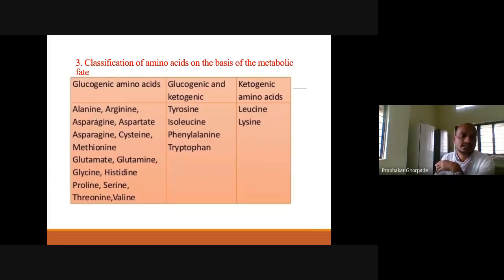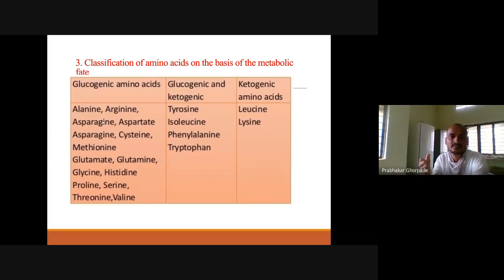So alanine, arginine, asparagine, aspartate, cysteine, methionine, glutamate, glutamine, glycine, histidine, proline, serine, threonine, and valine are categorized as glucogenic amino acids. Under both glucogenic and ketogenic, the amino acid can give glucose as well as ketogenic products like acetate, right?